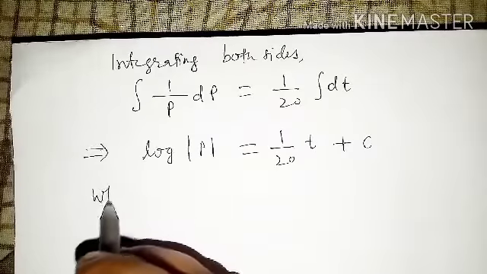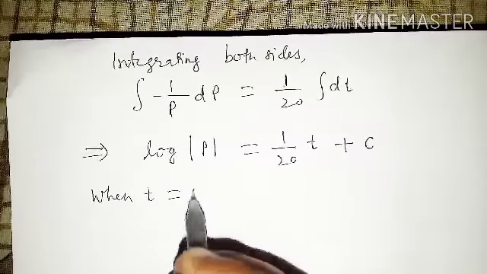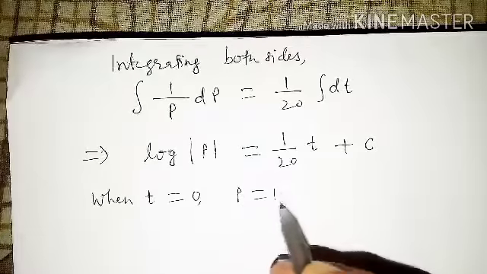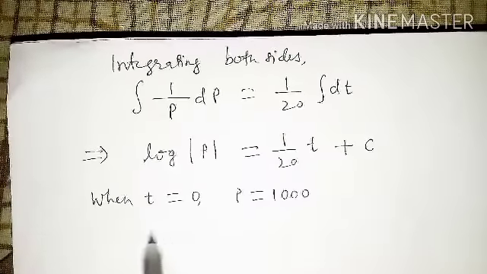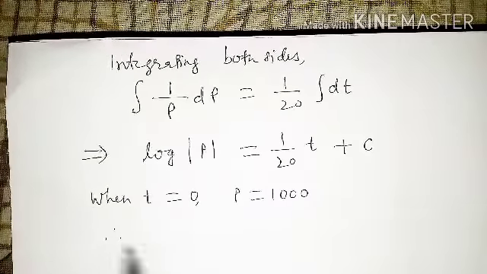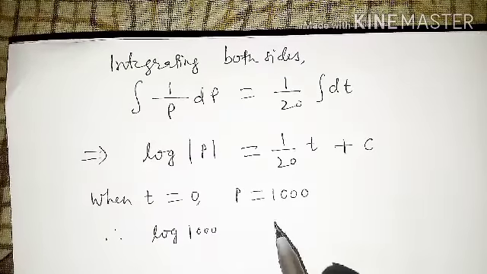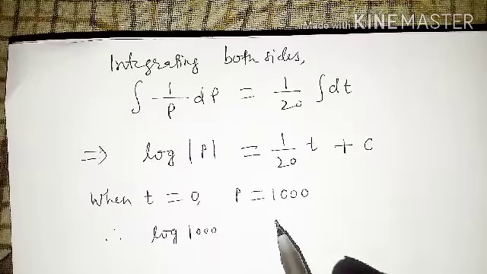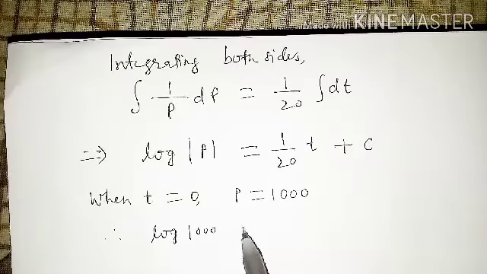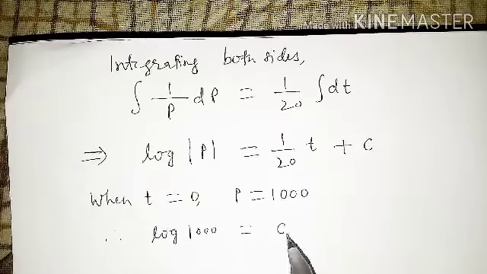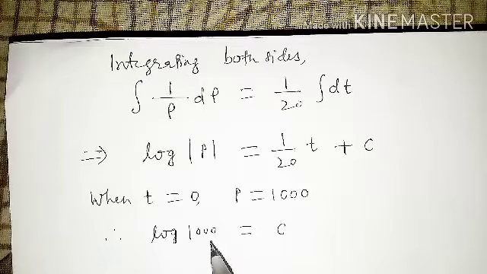So when t is equal to 0, P is equal to 1000. Therefore log 1000, because 1000 is positive, so there is no effect of mod on 1000. So c is equal to log 1000.